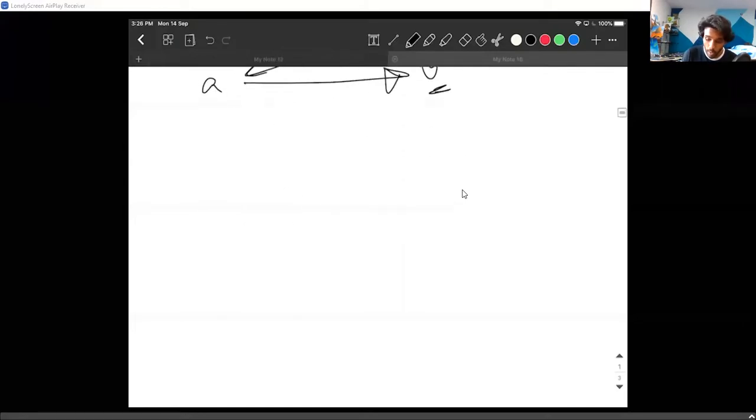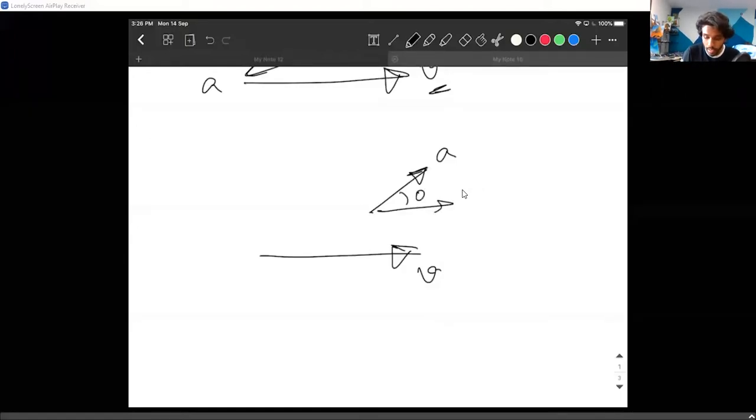But the important point is, if you have the velocity like this and the acceleration like this, I clearly mentioned this point, but if I haven't, you need to understand that there is a component of acceleration in the direction of velocity and a component of acceleration perpendicular to the direction of velocity. These two ideas are really important.